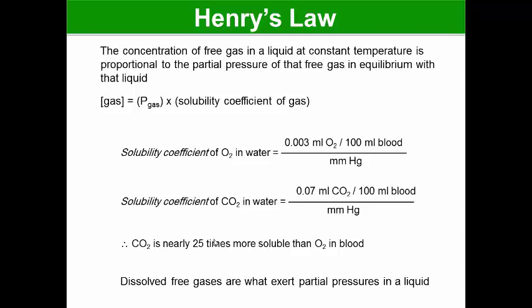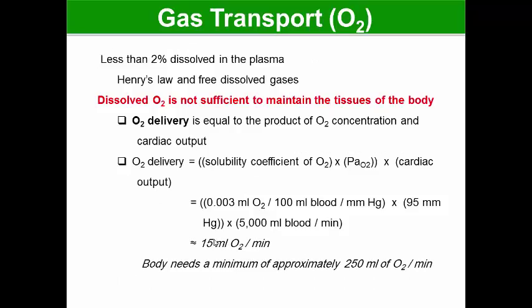And it is very important to note that it is the gas which is dissolved in the water of the plasma which exerts the partial pressure of the gas in the plasma or in the blood.